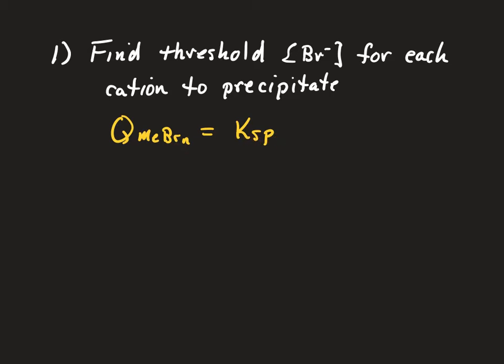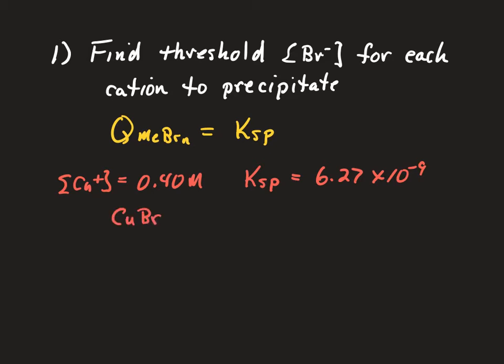So let's consider our copper bromide. The concentration of copper ion, we said, was 0.40 molar. Our KSP for copper bromide was 6.27 times 10 to the minus 9. Copper bromide solid dissociates 1 to 1 to make copper ion plus bromide ion.